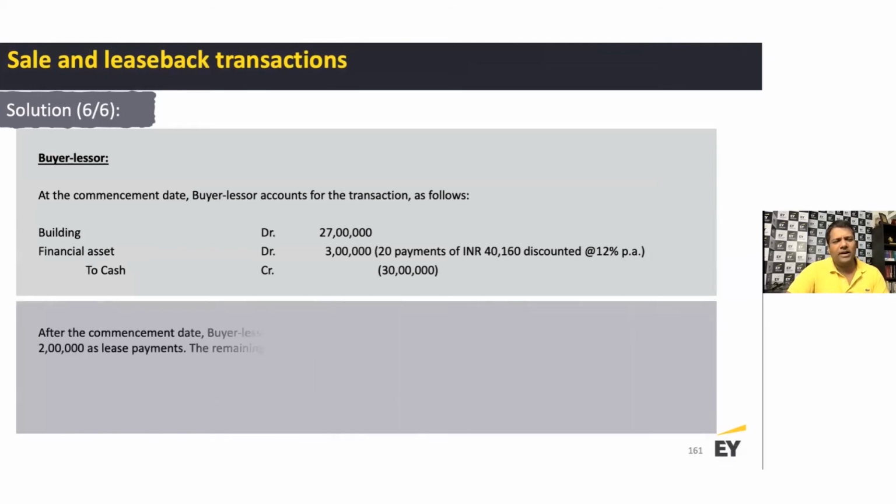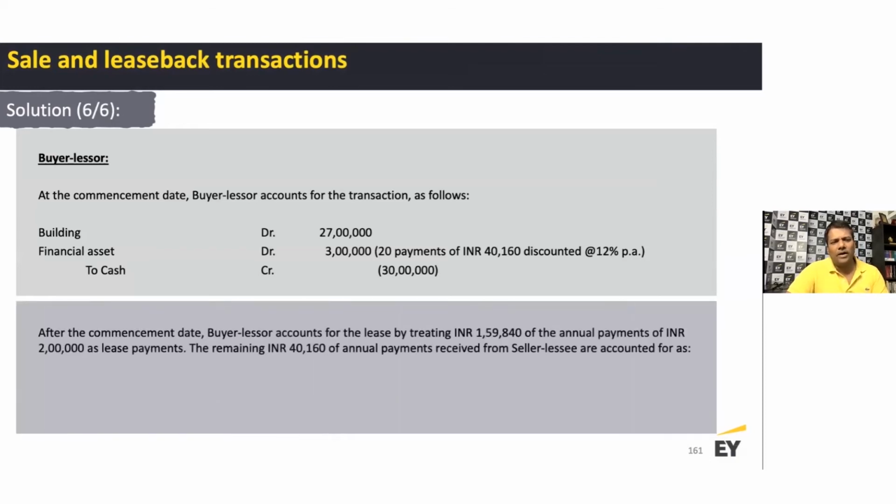Now, after the commencement date, you will record a rental income of 1,59,840, and you will record an interest income on this of 40,160.